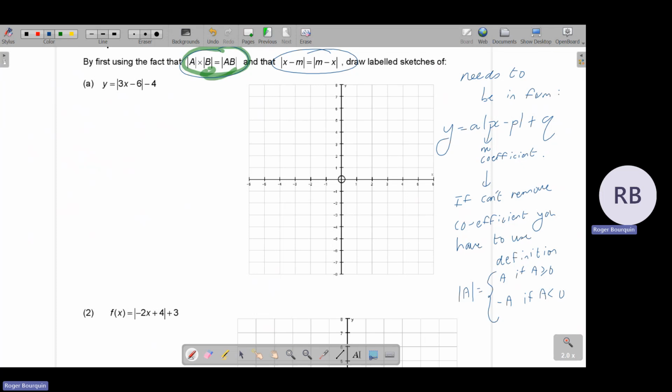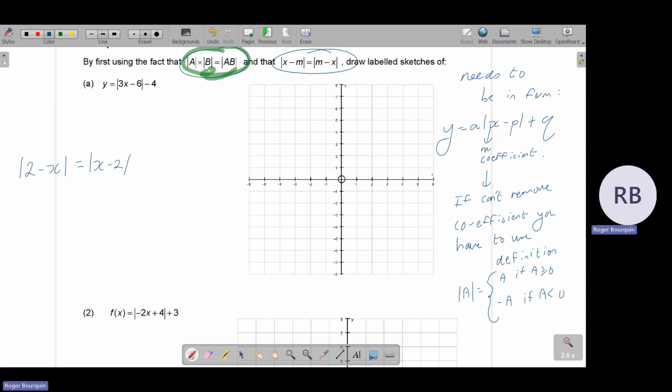Both are really important concepts, guys. Okay, the absolute value of x minus m is the same thing. What am I saying is this? If I go to the absolute value of 2 minus x, what's it the same thing as? It's the absolute value of x minus 2, right? Make something inside an absolute value negative, it doesn't affect the overall value.